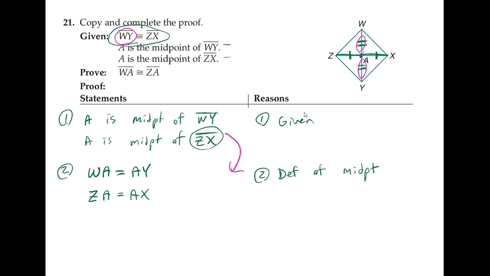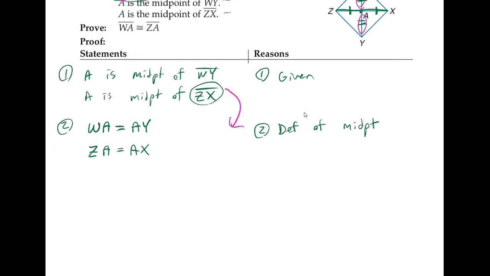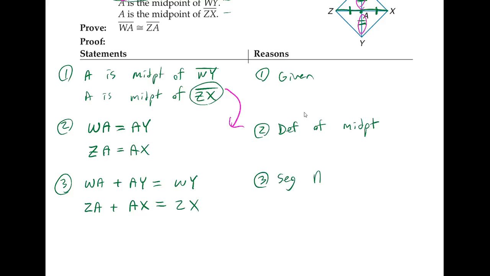And then I'm also going to use the segment addition postulate. So we know that WA plus AY adds up to the whole thing, WY, and similarly for the other one, ZA plus AX equals the whole thing, ZX. That's the segment addition postulate.